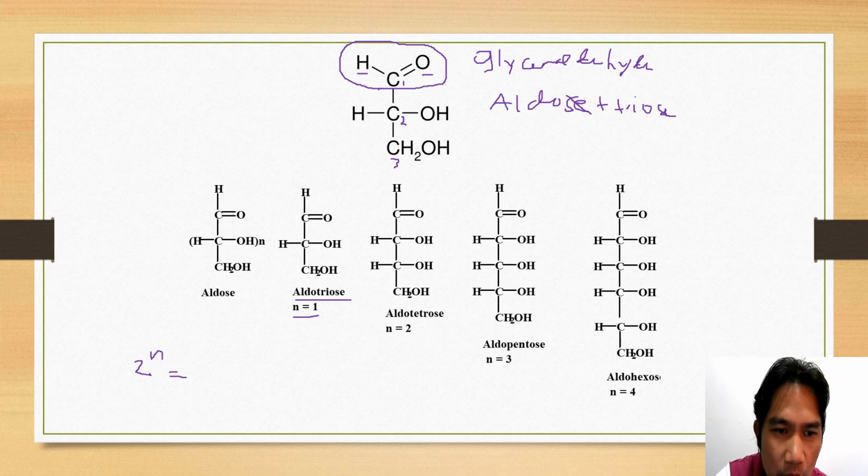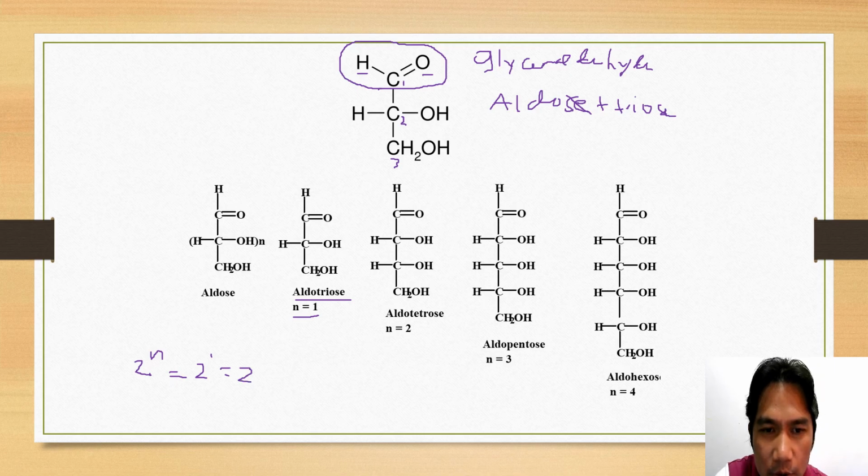If we put 2 raised to 1, then we get 2. An aldotriose has two possible arrangements. If we arrange the atoms in an aldotriose, we will come up with two possible arrangements. And we will see that in the coming slides.